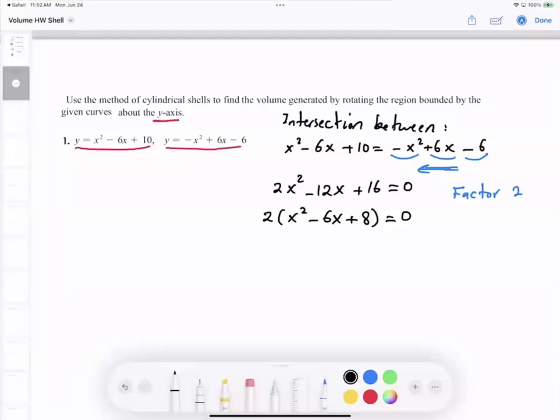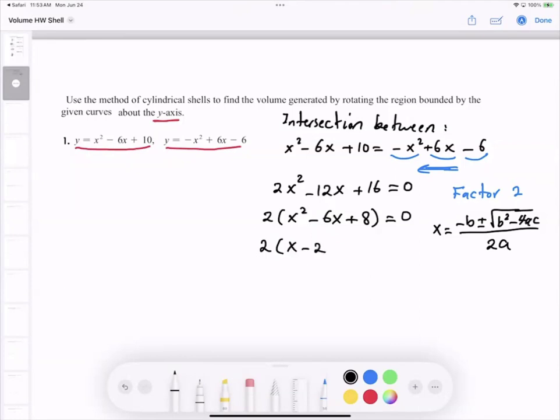So you can use the delta method, or x equals negative b plus or minus the square root of b squared minus 4ac, divided by 2a, or use factoring. You're looking for two numbers whose multiplication is positive 8 and whose addition is negative 6.